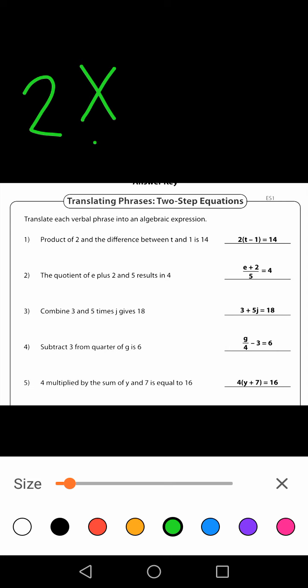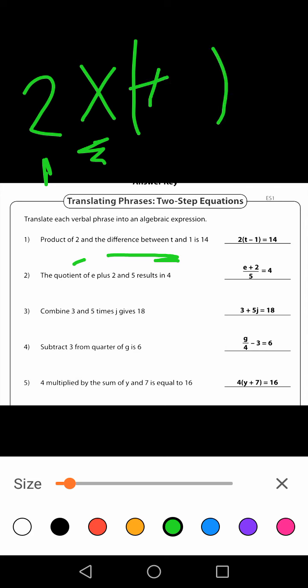You put the sign of product, one term is 2, and the second is the difference between t and 1. Here there are 2 operations, so I should put parentheses around t and 1, so it will be t minus 1. As they told me the difference is 14, is means equals 14. And that's all. To translate any phrase to an algebraic expression, you must go word by word.